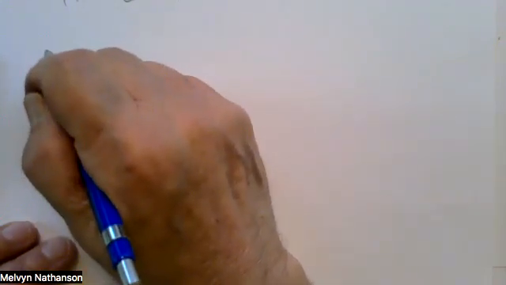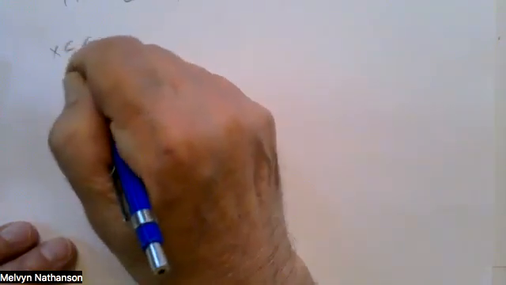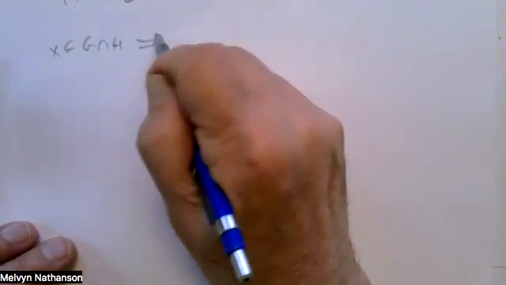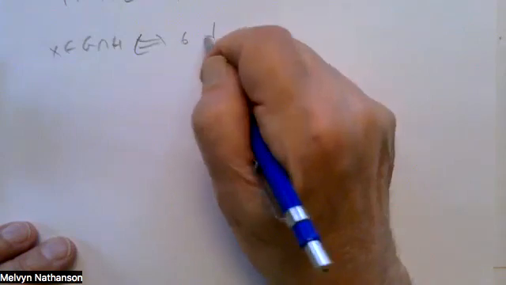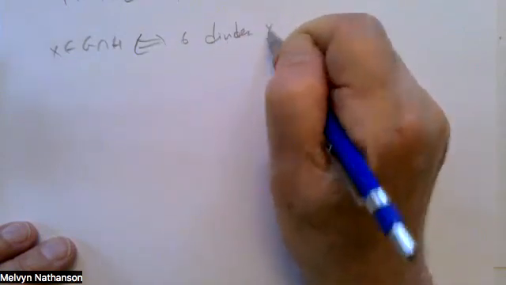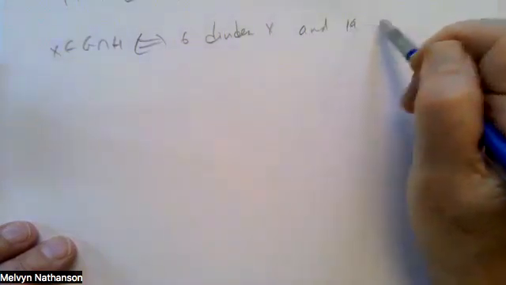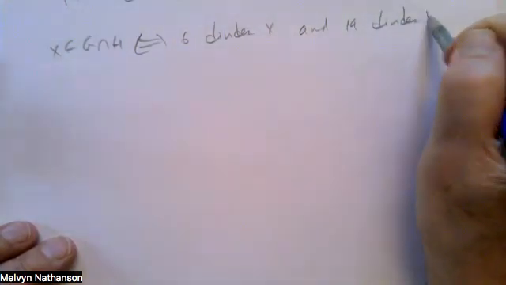So x is in the intersection, G intersect H, if and only if 6 divides x, otherwise it's not in G, and 14 divides x.